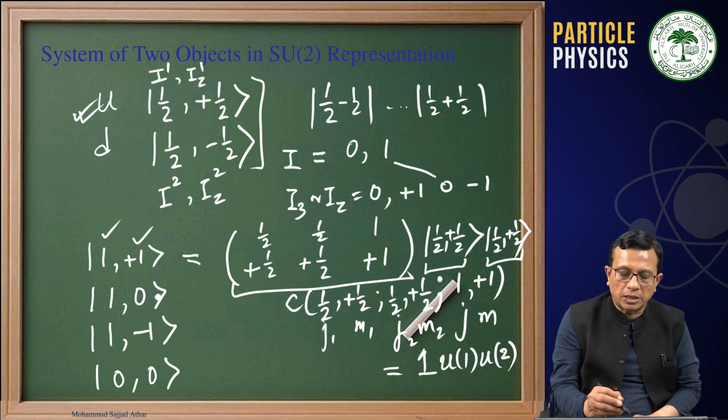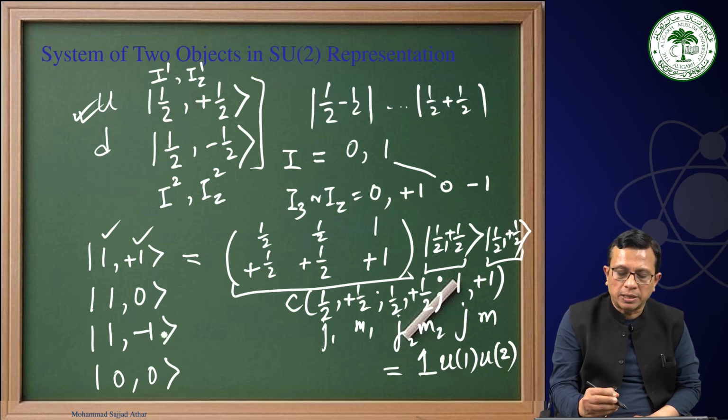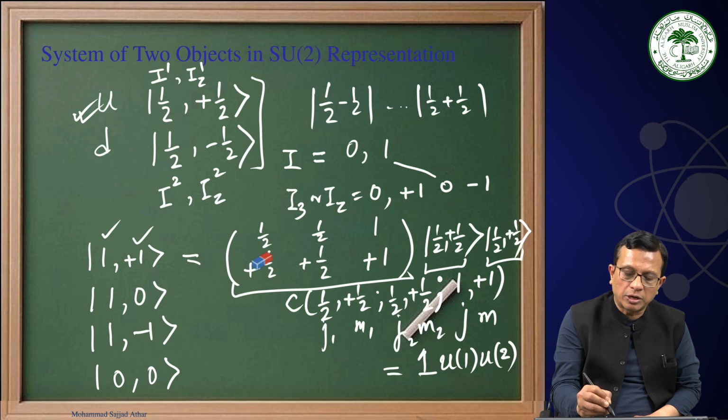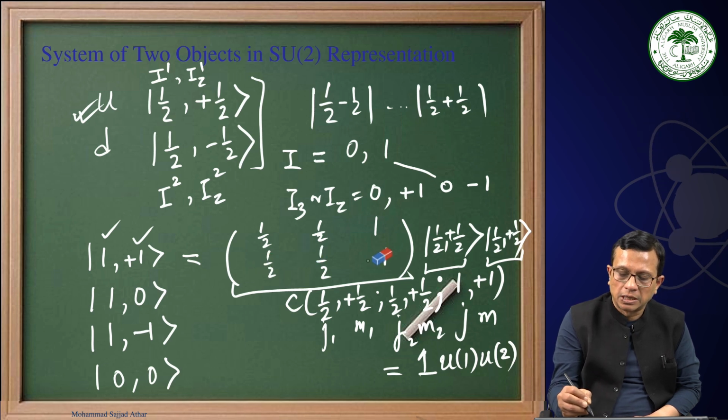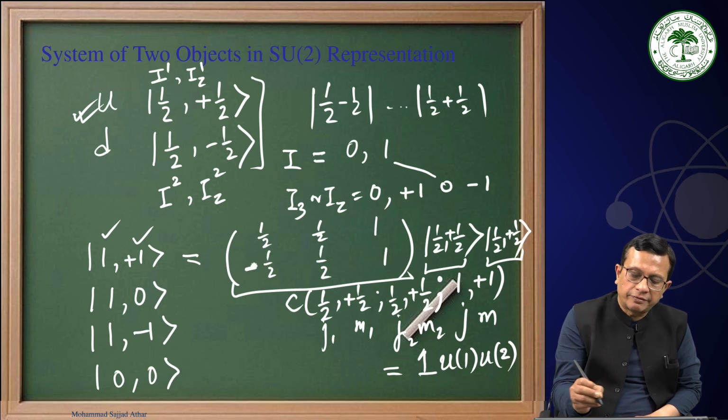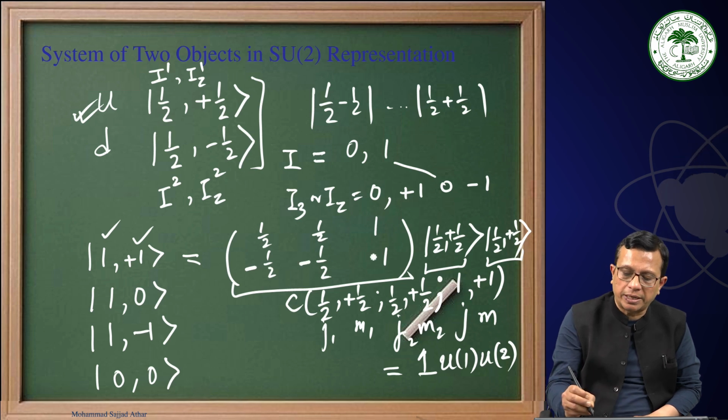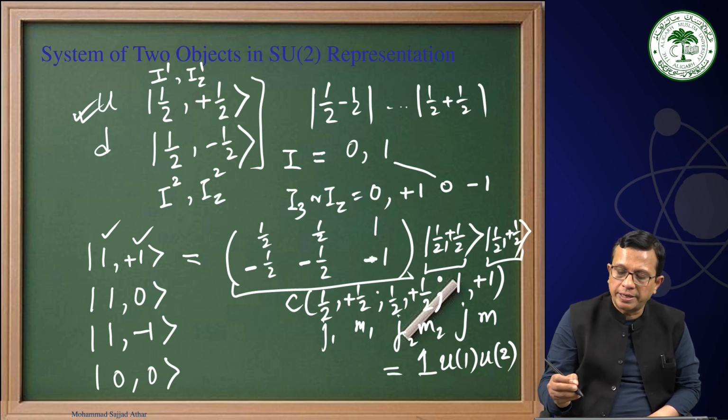When we talk about 1 minus 1, there is only one way we could obtain it. This will be minus half and minus half, which will give us minus 1.